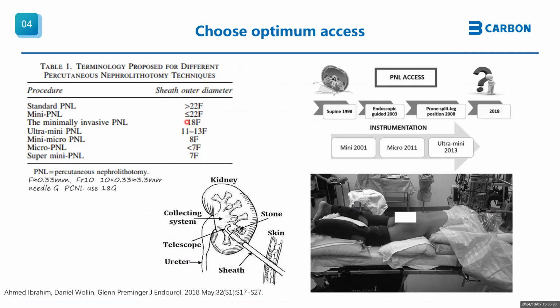Others are used too, but it differs by doctor. This is because of the doctor's skills and the hospital equipment and the stone size and location, and the doctor chooses different sizes of shaft, different sizes of access for the PCNL.